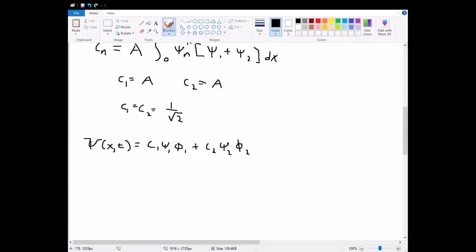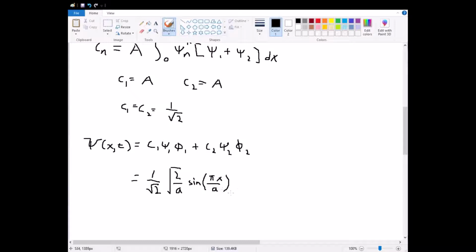And from here, it's just a matter of filling this in. So first off, C1 is 1 over root 2. Psi 1 for our infinite square well is going to be equal to the square root of 2 over a times sine of n pi x over a, or since n is 1 here, pi times x over a.